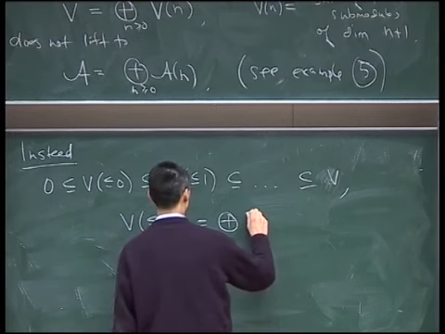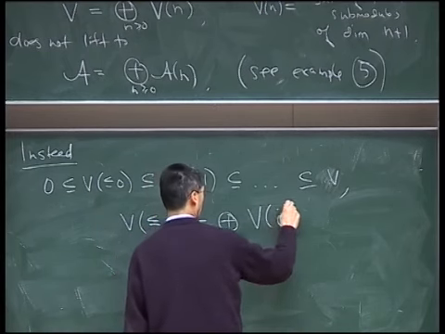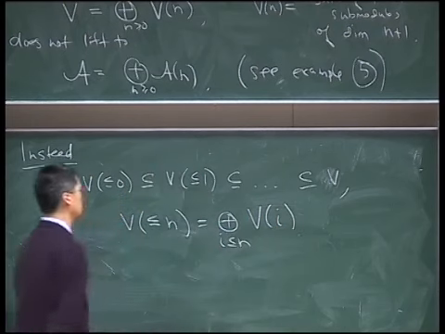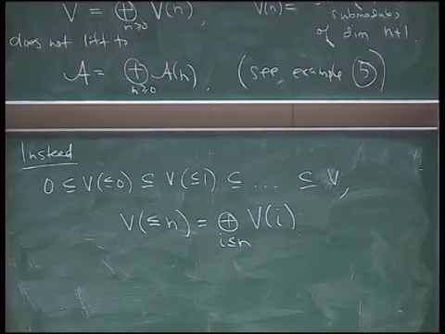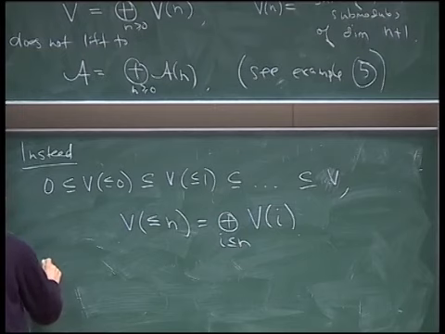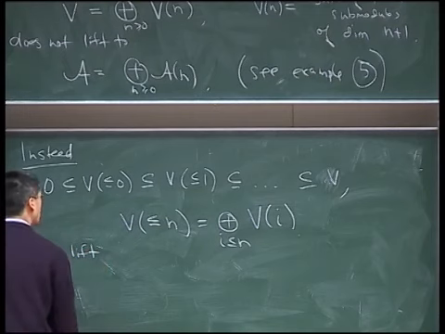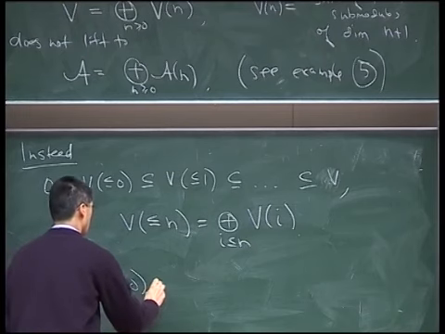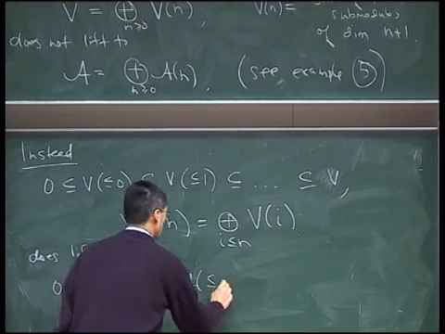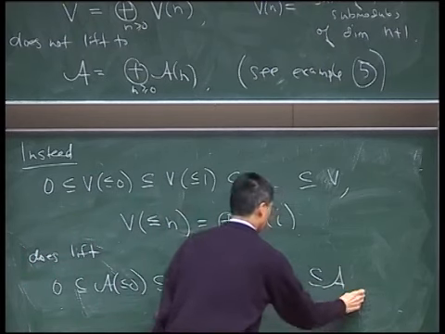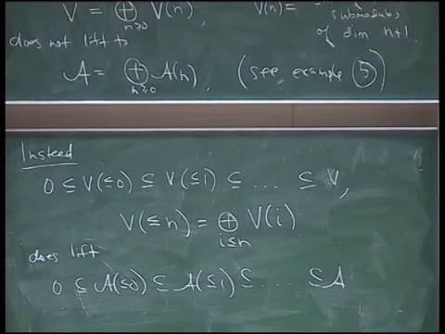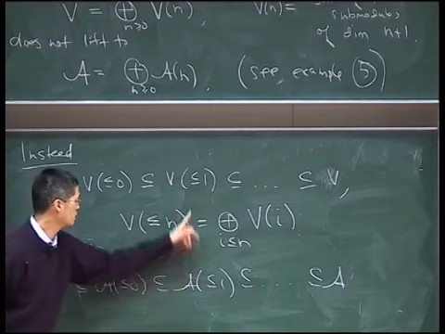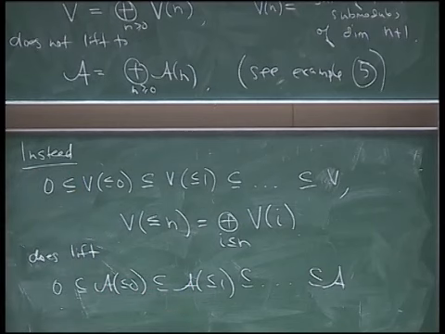So in effect, we're taking the sum of all of these V_i's. This is a good way to do it. It does lift to a nice thing for the abelian category. And here I define these lifts in the most obvious and crude way possible.